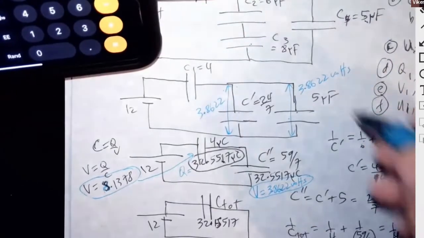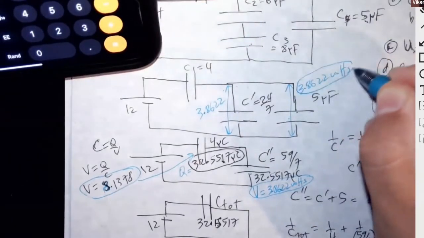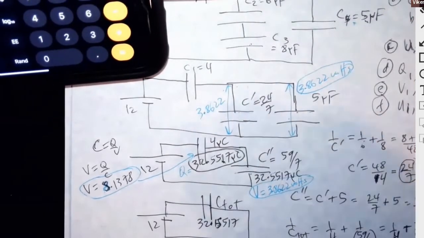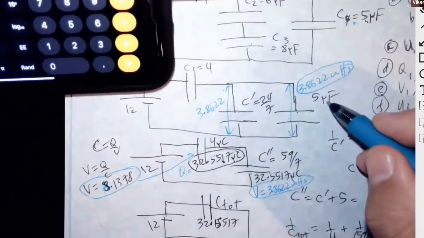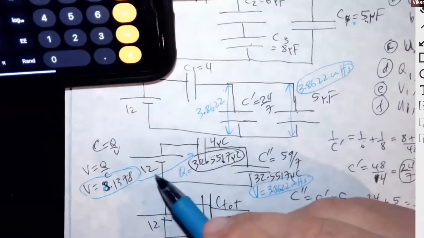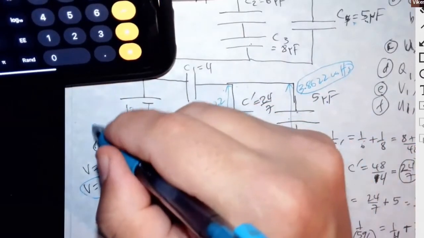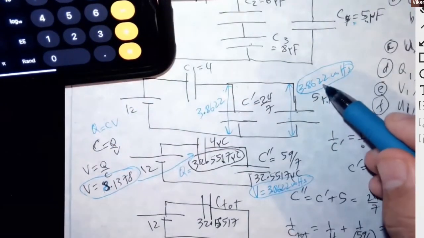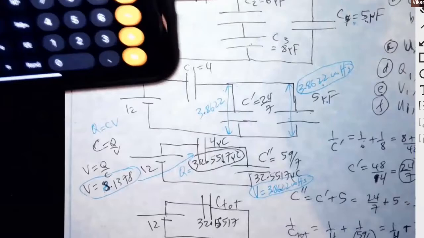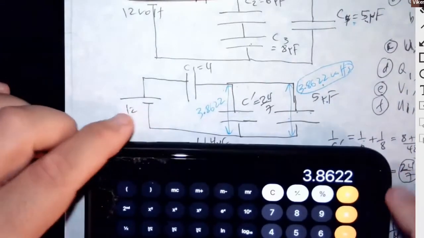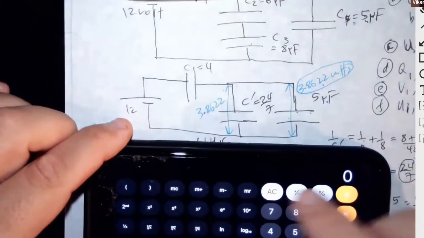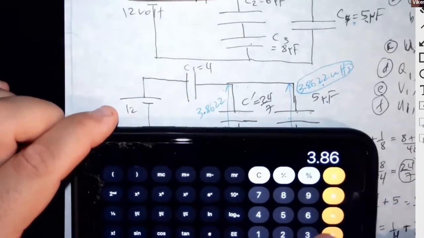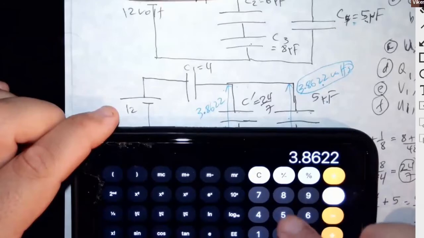Okay. Well, now this is one of my fundamental answers because it was originally one of the capacitors. So then if I know its voltage, I can know its charge, right? Charge is capacitance times voltage. So this times this gives me its charge, right? So 3.8622 times 5.